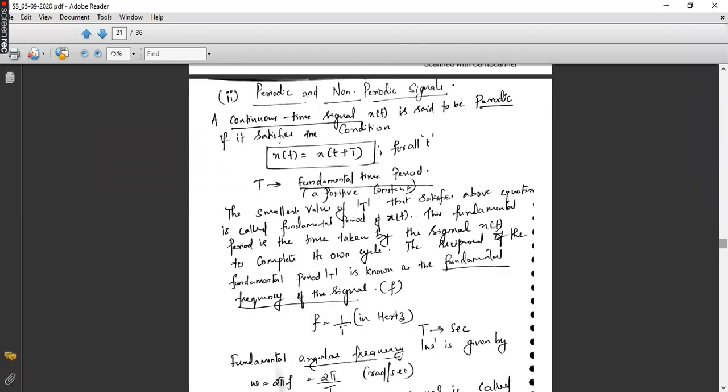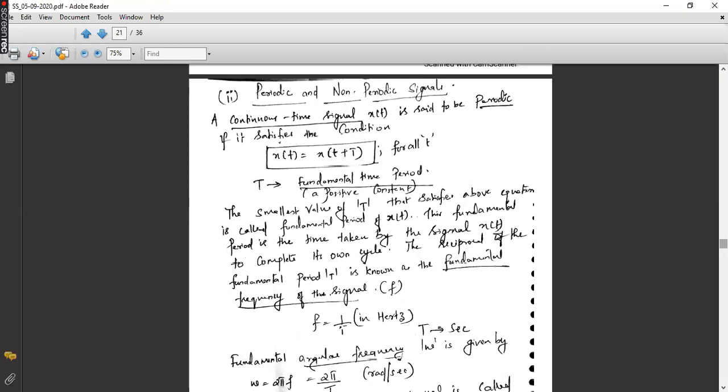So the next classification is periodic and non-periodic signal. Again, you need to clearly understand the concept of a periodic signal. Any continuous time signal x(t) is said to be periodic. I hope you have the notes and pen with you. You can write the condition of periodic.